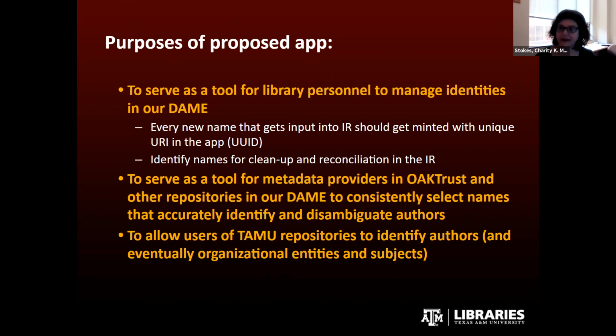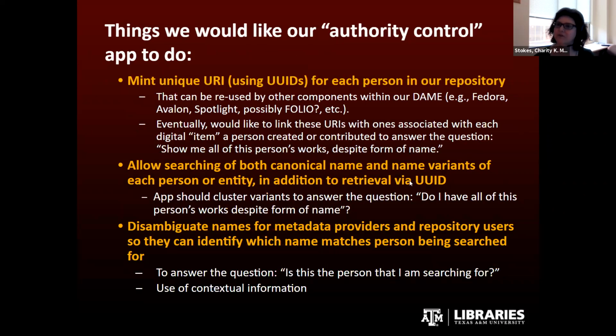We'd identify what names need to be cleaned up and reconciled, and it needs to serve then as a tool for metadata providers to be able to choose the canonical name. And finally, to allow users of our repositories to identify the authors and hopefully eventually the organizational entities and subjects. And with that, I am going to go ahead and hand it over to Tatiana to talk about authority control.